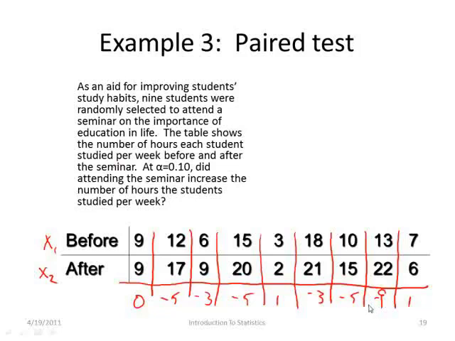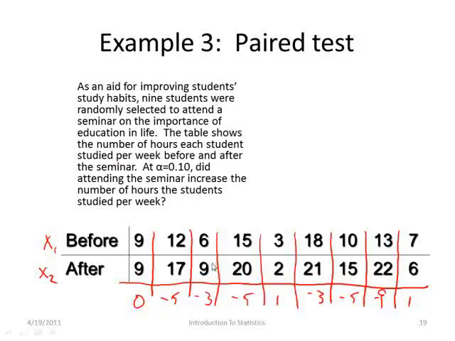So again, if the seminar did not work, then when I take these differences, before minus the after, I would expect these numbers here to be positive. If the seminar had no effect, then I would expect to see these differences to be close to 0.